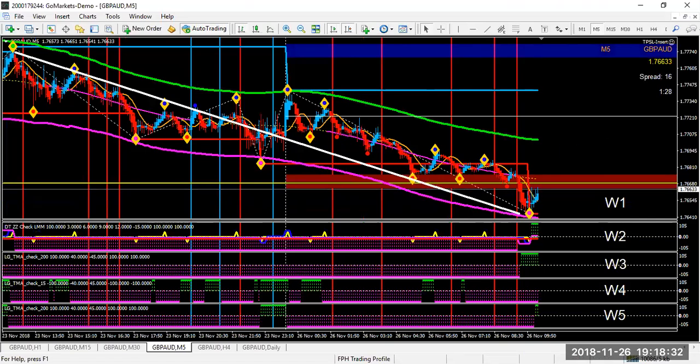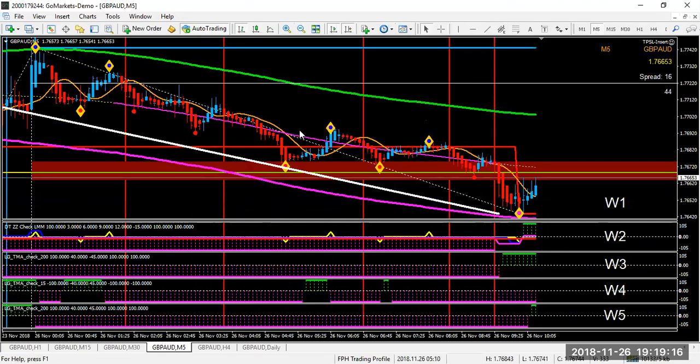So it has some characteristics of the pip harvester, which means you can use diamond entries when you've got a confirmed trend movement as identified in W2. Window 2 actually has to be the color. So if it's pink, our re-entries, which are our secondary pip harvester entries, would have to be sells.